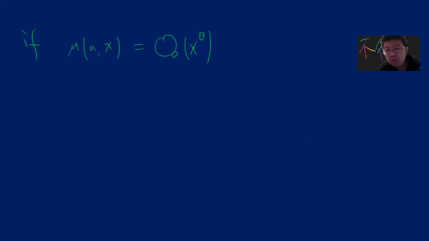Which immediately proves the following. If M of mu of x is big O of x^theta, and theta is greater than half plus epsilon for any epsilon, then you prove the Riemann hypothesis.